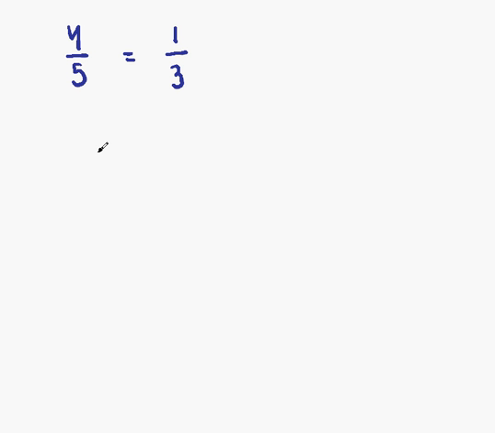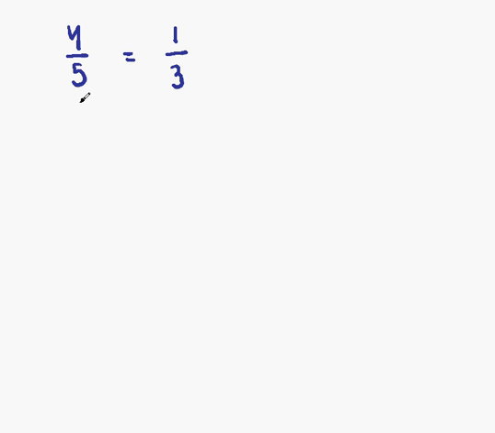So thinking back to the first step, remove any fractions that are attached to letters. Now, if we look at our equation, we have y over 5 here. That's y divided by 5, or 1/5 of y.